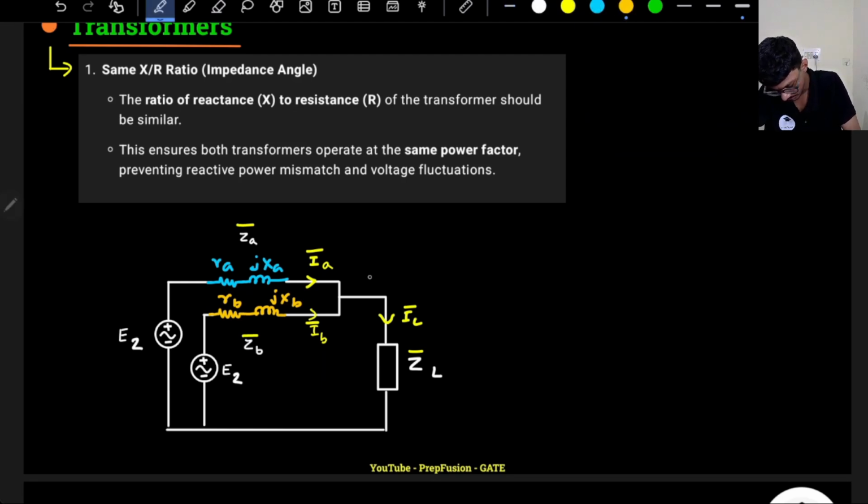That basically means, let's assume this is my IL current, this will be equal to IA plus IB.